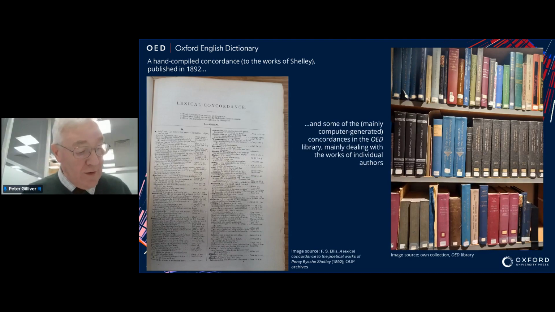When I started work on the dictionary in 1987, one of the things we had to do for every new word that we were working on was to check by hand all of these concordances, so as to pick up on instances of our word in the works of D.H. Lawrence or the works of Eugene O'Neill or William Faulkner, whoever had been concordanced in the concordances you can see on the right.